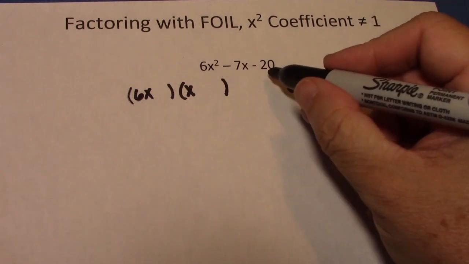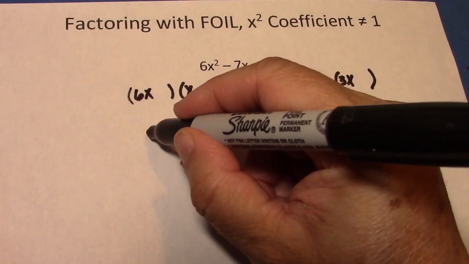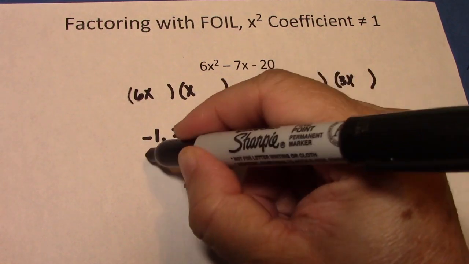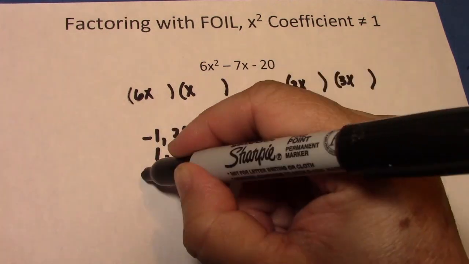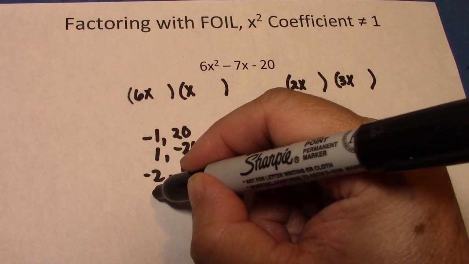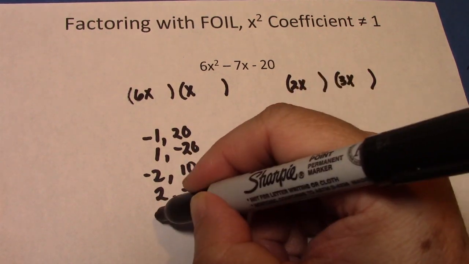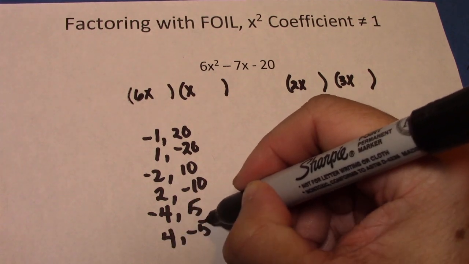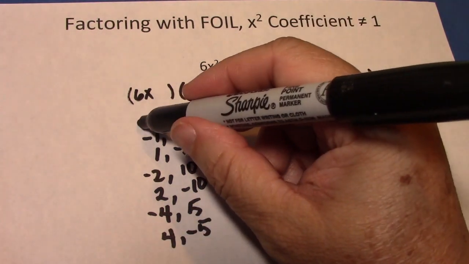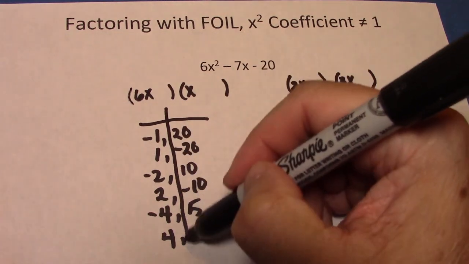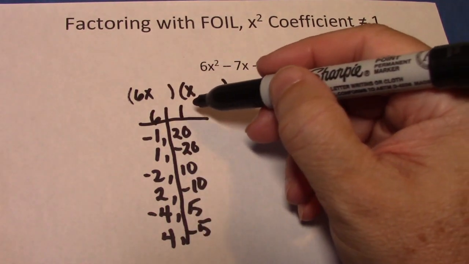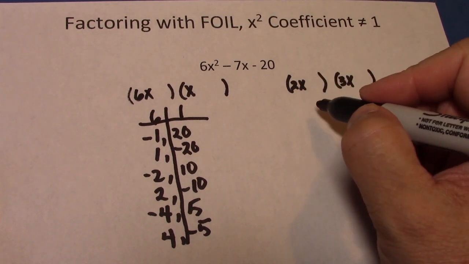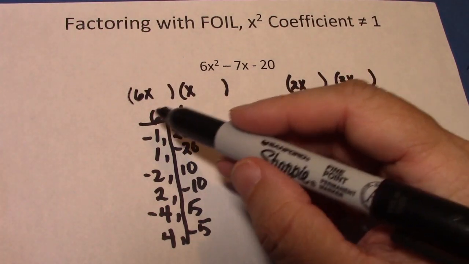Now for my factors of 20, I could have either negative 1 and 20, or 1 and negative 20, negative 2, 10, 2, negative 10, or negative 4, 5, 4, negative 5. And again, this could go with 6 and 1, or it could be 1 and 6. Same thing here, this could be 2 and 3, or 3 and 2.